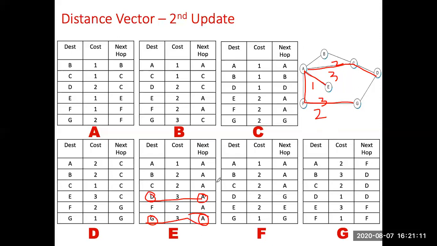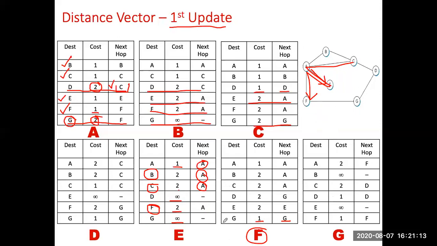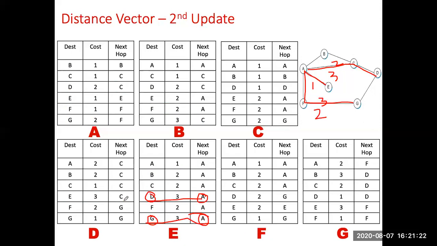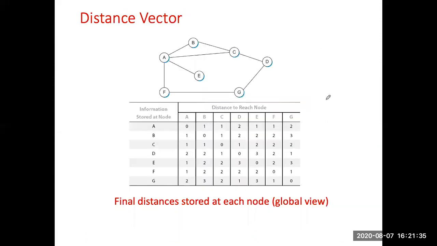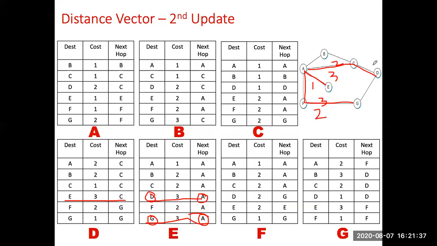Similarly, in the last update, the first update, some other nodes were unreachable. For example, for D, E was unreachable. Now we can see it's 3. Why? Let's erase this information, then we will calculate.